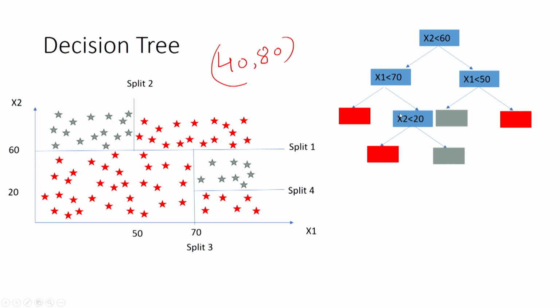During training the decision tree is formed, and during testing, when we get a new instance, we use the decision tree learned earlier to find the class of the new instances.